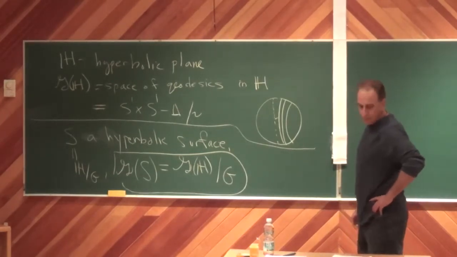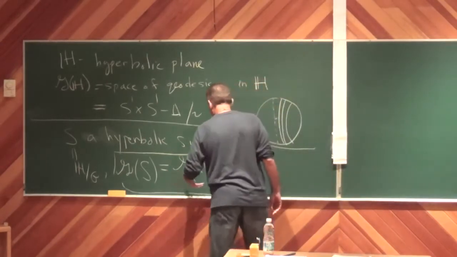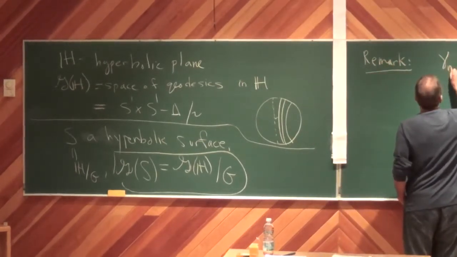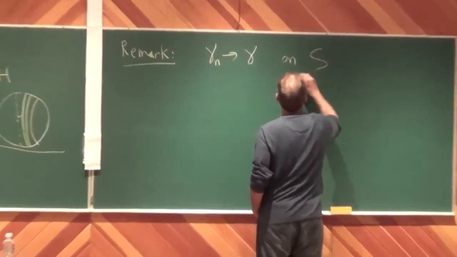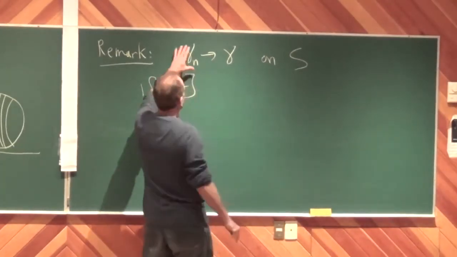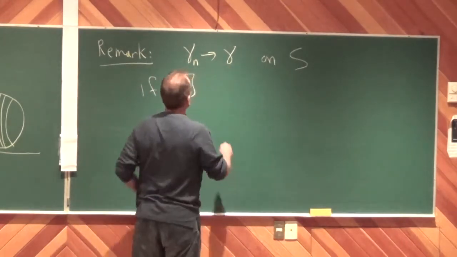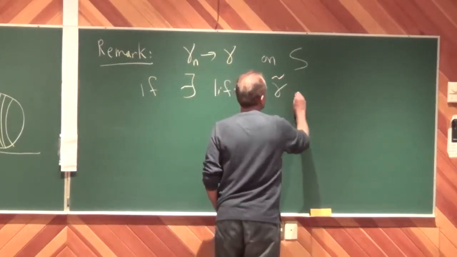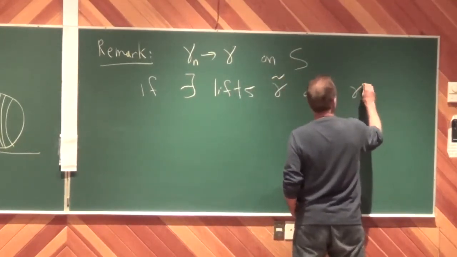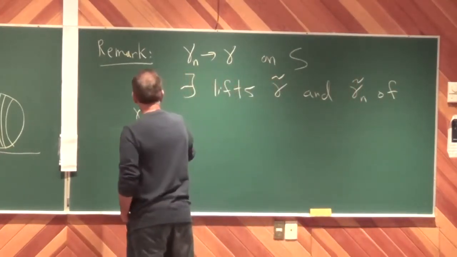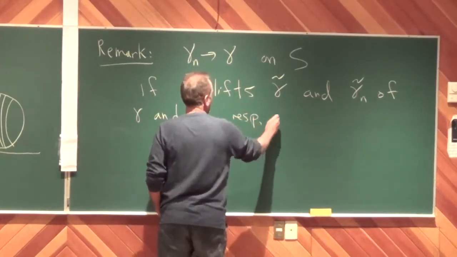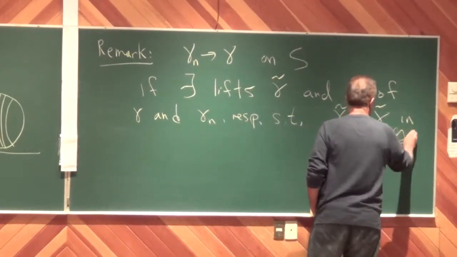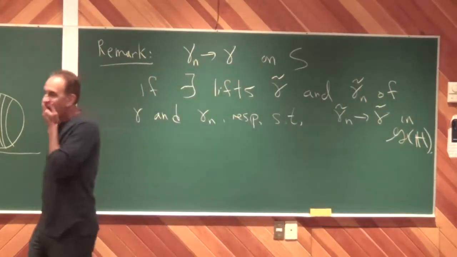So maybe just to give you a feel for what this is, remark: gamma n converges to gamma on S if, so these are geodesics on S, and we're saying they converge in this topology if there exist lifts, gamma tilde and gamma n tilde of gamma and gamma n respectively, so that, okay?